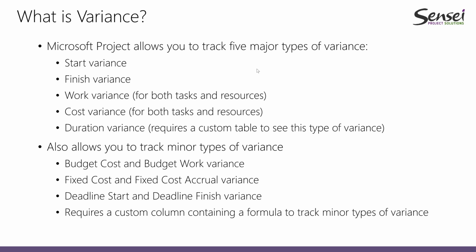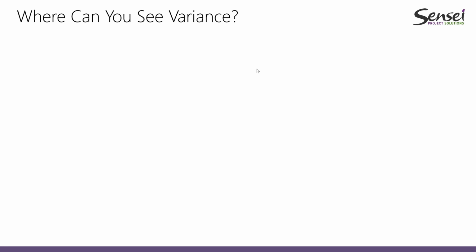We have deadline start and deadline finish variances as well if we need to, but this all requires a custom column for us to track the minor types of variance. So what we are going to be concentrating on during this presentation are the five core variances that are calculated by Microsoft Project.